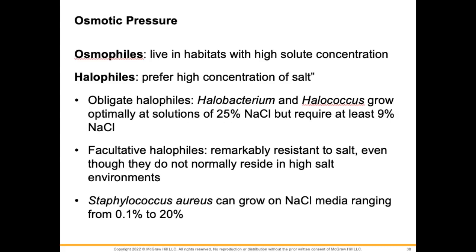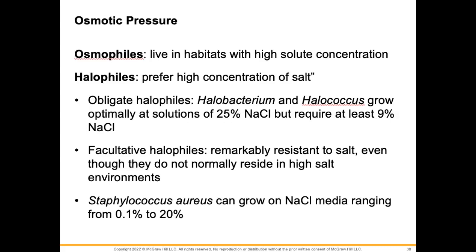Osmotic pressure. Osmophiles live in habitats with high solute concentration, or a bunch of solids. When we say high solute concentration, it means it's very concentrated. Halophiles prefer high salt concentrations. Obligate halophiles, Halobacterium and Halococcus, grow optimally at 25% sodium chloride, but require at least 9% sodium chloride.